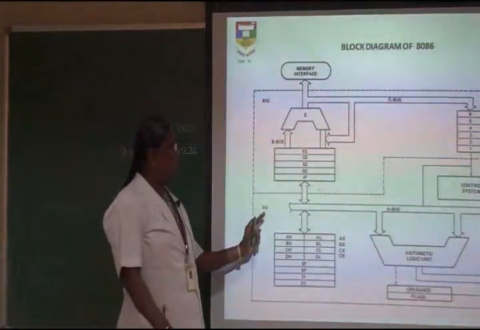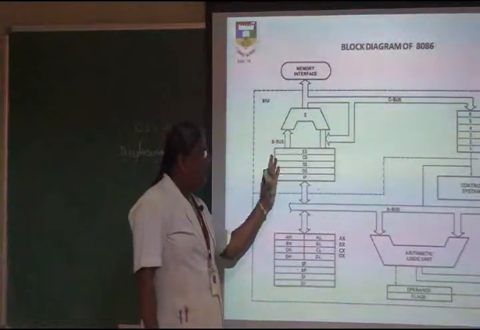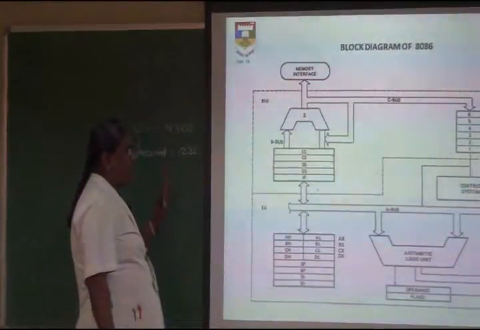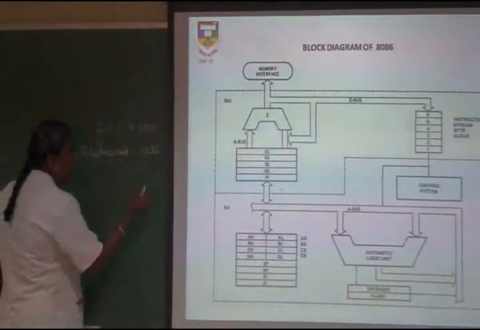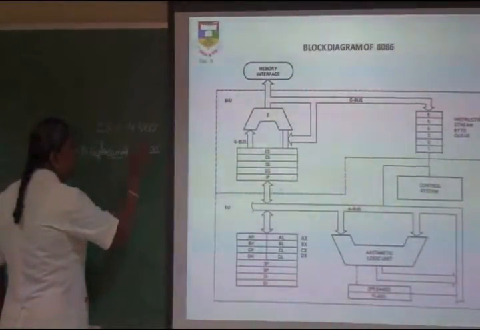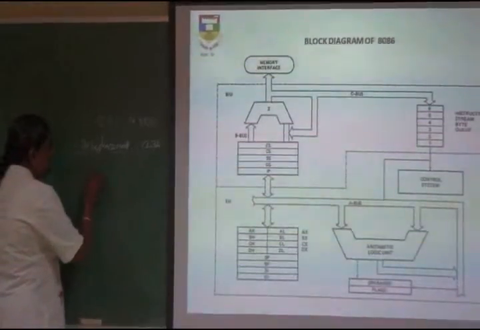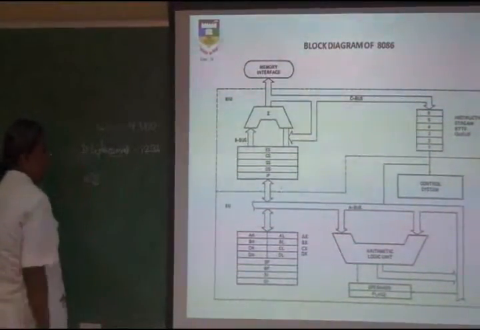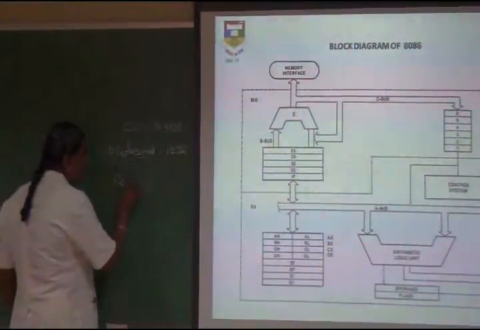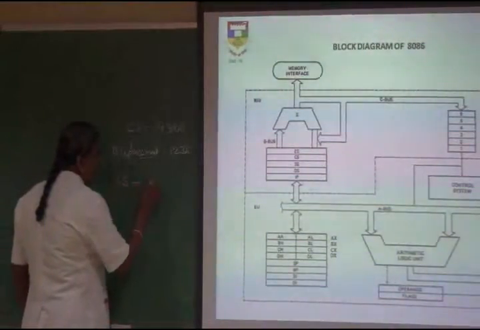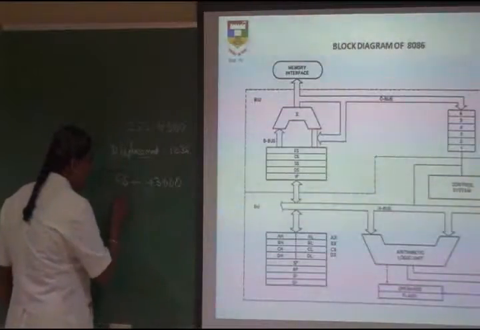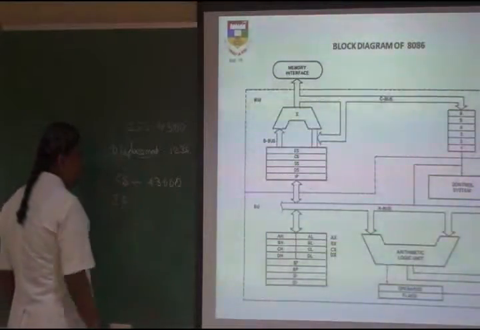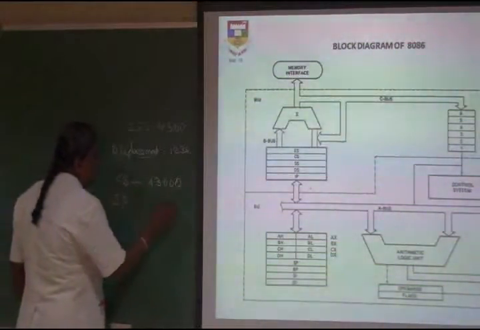Then the physical address will be calculated by shifting the code segment by 4 bits and adding the offset from the instruction pointer. Shifting the code segment 4 bits left, it will be 43000. Then the IP, that is instruction pointer contents, is 1234.